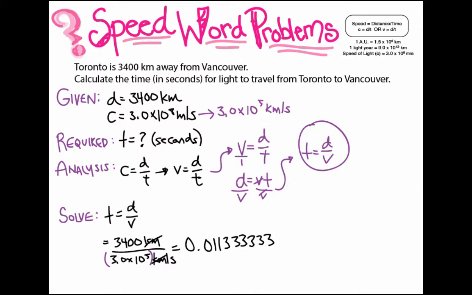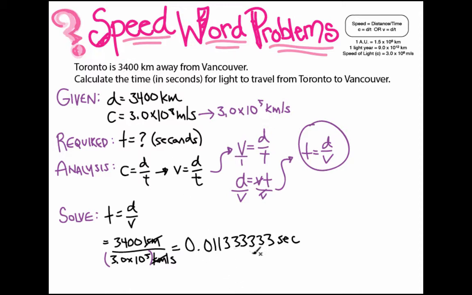Now that you have this, what you should notice is that there are way too many sig figs. This has 1, 2, 3, 4, 5, 6, 7, 8 sig figs. But the question only has 2 sig figs. That means your answer needs to have just 2 significant digits.